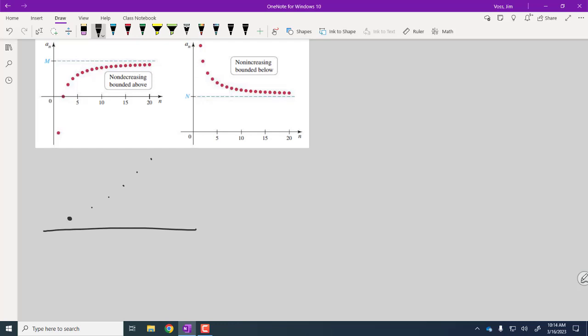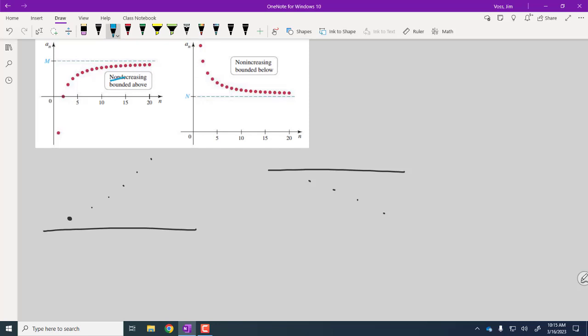So if it's increasing and bounded above, or decreasing and bounded below, but we can't mix and match them. We can't say that a decreasing sequence that's bounded above converges. Here's a decreasing sequence bounded above. It's not going to converge. So it's got to be increasing.